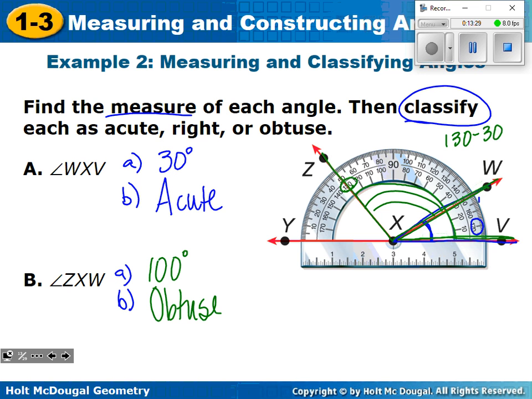So I have my circle lined up with the center of my protractor, and I have 0 lined up with my ray. And then make sure you read from 0 around to 75. Then make a little mark at 75 on your paper. So everybody with me? 0 around to 75, make a mark.